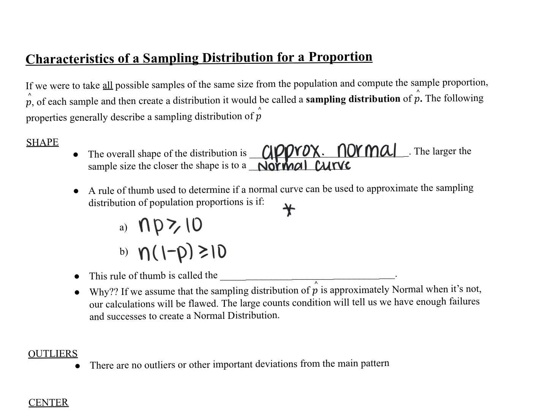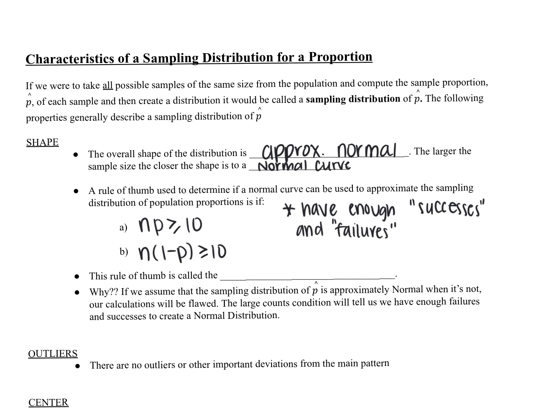That means you have to make sure that you have enough successes and failures. n times p is your successes, n times 1 minus p is your failures. You want to make sure you have enough of those so that you are going to have a normal distribution.